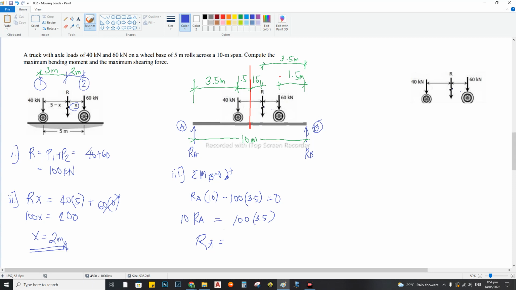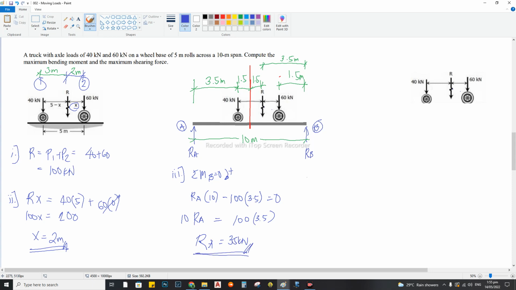Dili na ko madunggan imong tingog. I-chat na lang. Kani si 35 kilonewton sir. Okay, our reaction at A is 35 kilonewton.